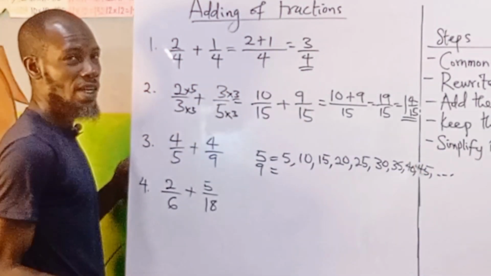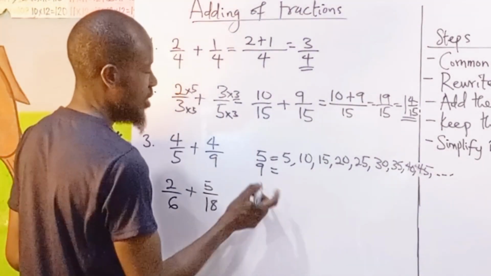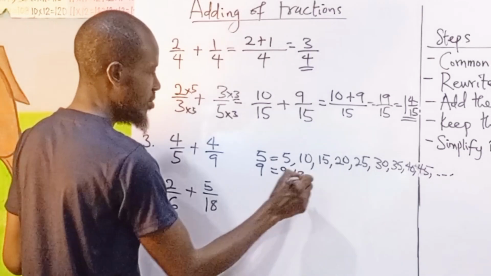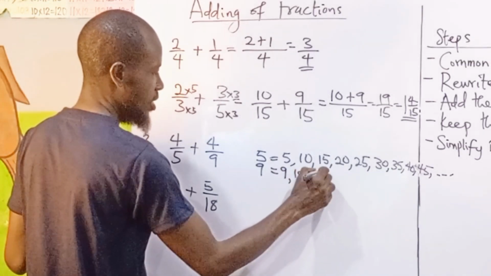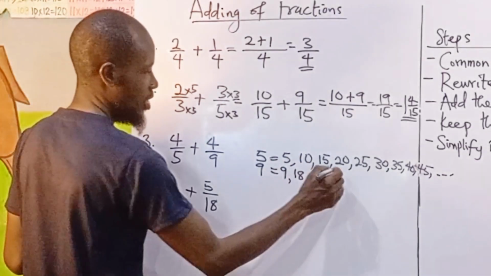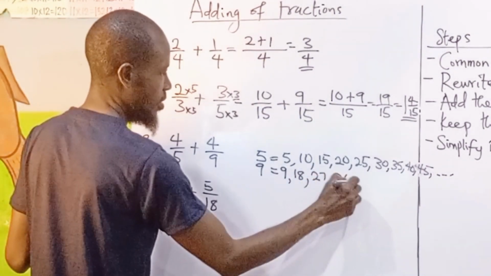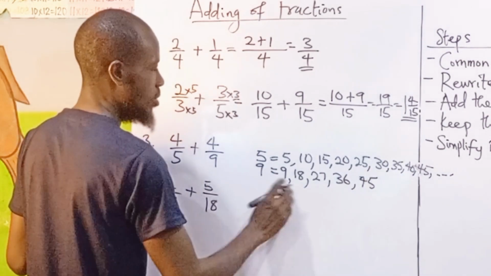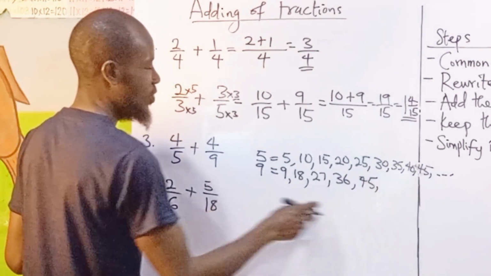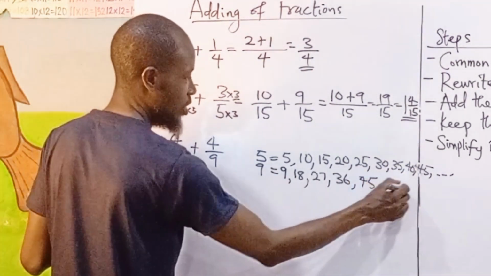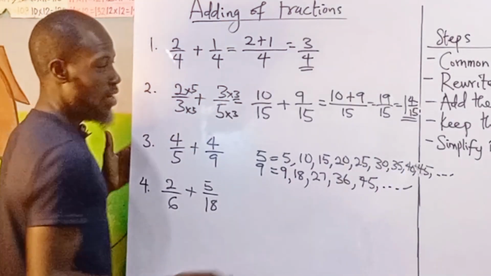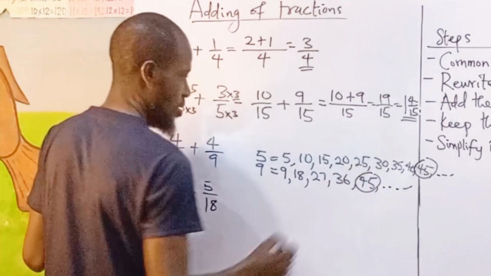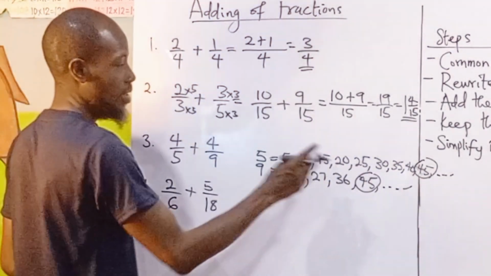Also for 9, we get the multiples of 9: 9, 18, 27, 36, 45. So these are multiples of 9, and it also still continues. But here we can see we have a common multiple, and that is the least common multiple.